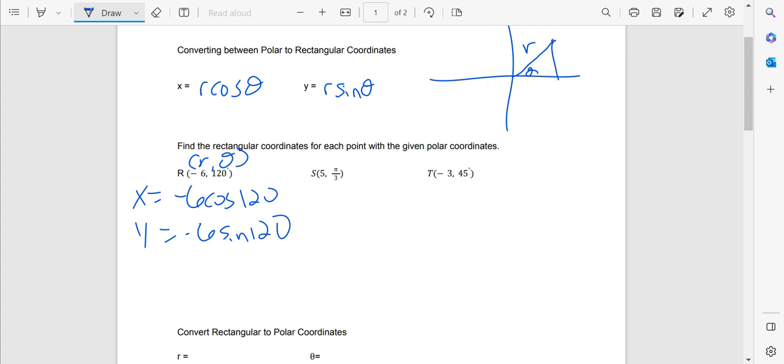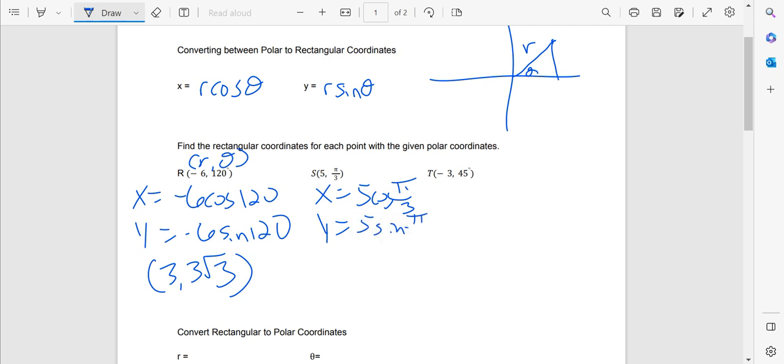Well, hopefully, remembering the unit circle, you would get 3 comma 3 root 3. This one over here, x equals 5 cosine pi over 3, y equals 5 sine pi over 3. Once again, unit circle, you will get 5 over 2 comma 5 root 3 over 2.